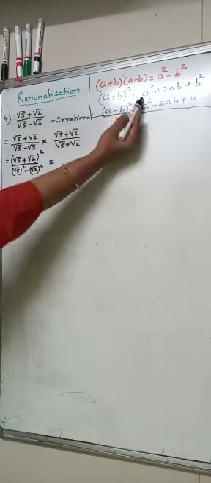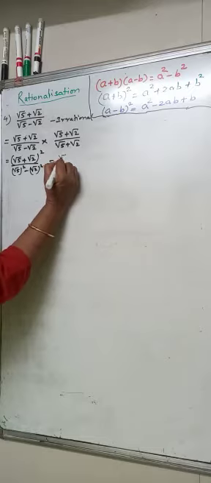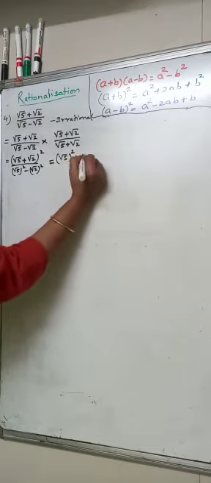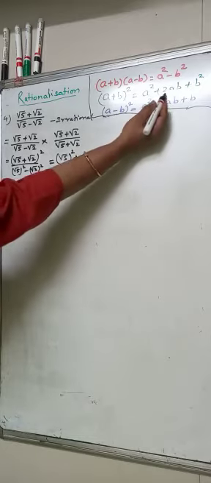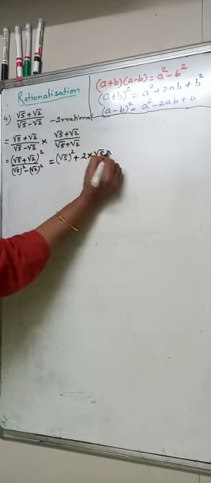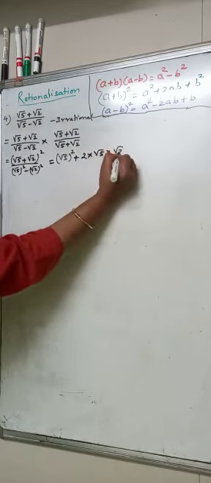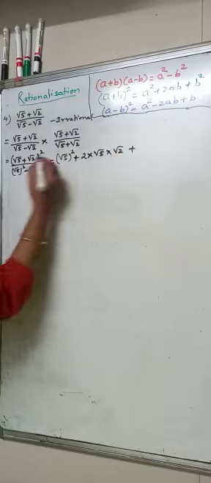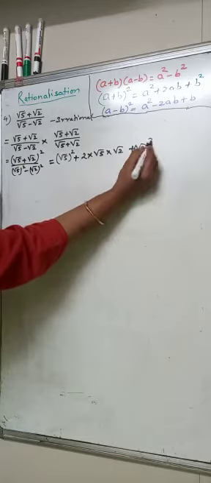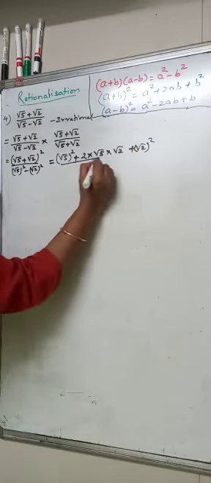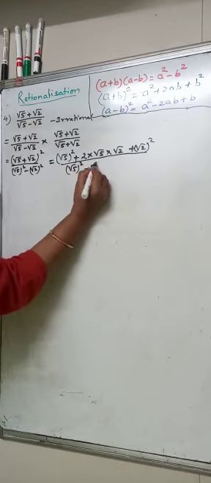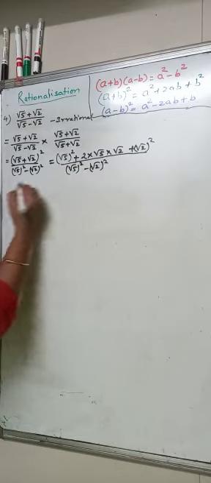So we write a square: (√5) the whole square, plus 2 into a, which is √5, into b, which is √2, plus b square, (√2) the whole square, upon (√5) the whole square minus (√2) the whole square.